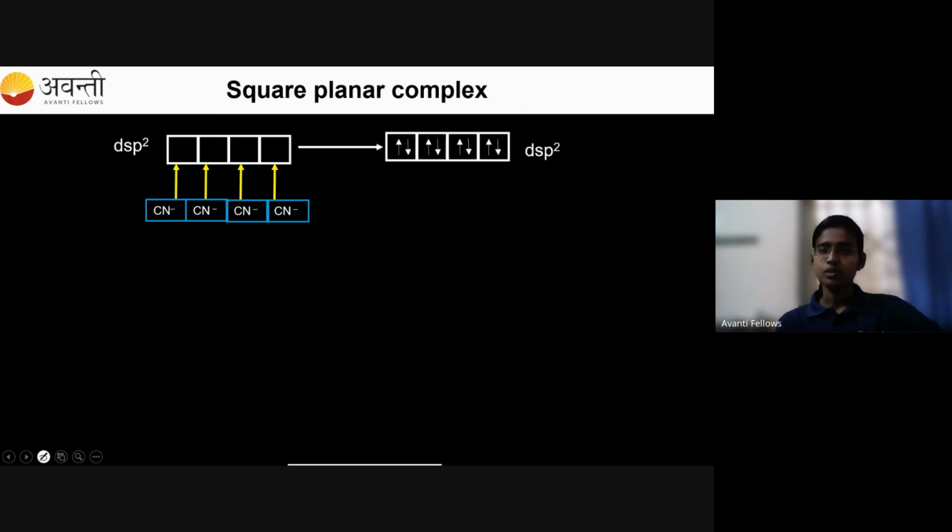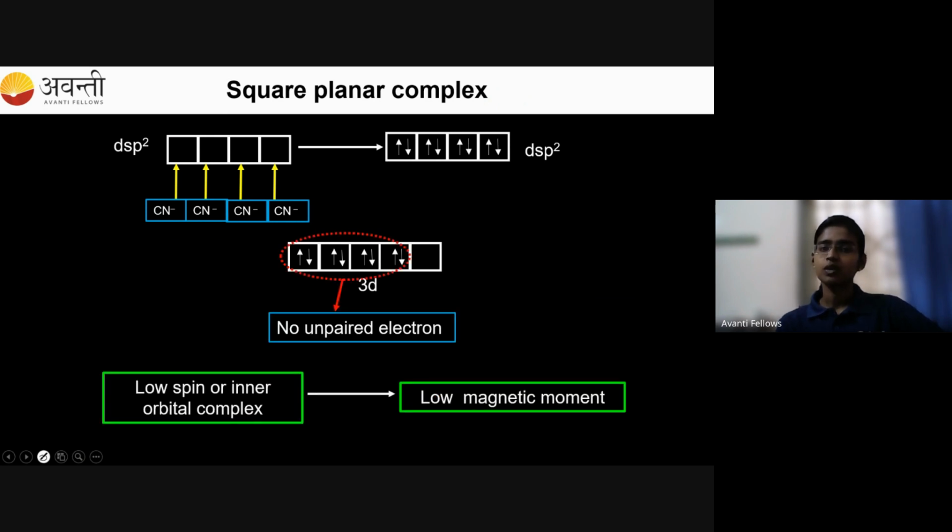Okay. So metal is having no unpaired electron. So it is low spin or inner orbital complex. Why is it called inner orbital? Metal is using inner d orbital, no? That's why it is called inner orbital. And it is a low magnetic moment since the number of unpaired electrons is 0.